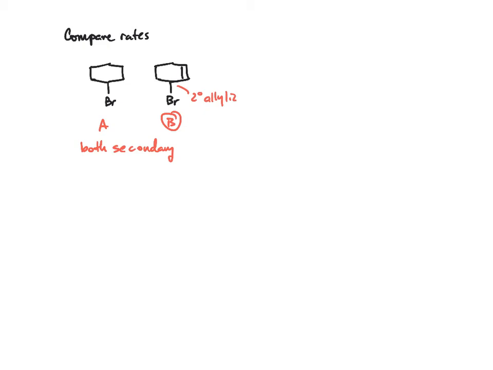If we were drawing a resonance form, that's sort of a ridiculous resonance form because you've completely cleaved that carbon-bromine bond, but it does help to rationalize why B is going to be faster.